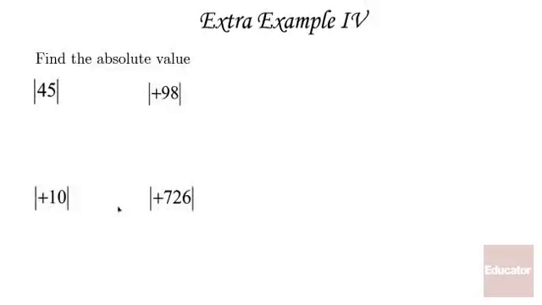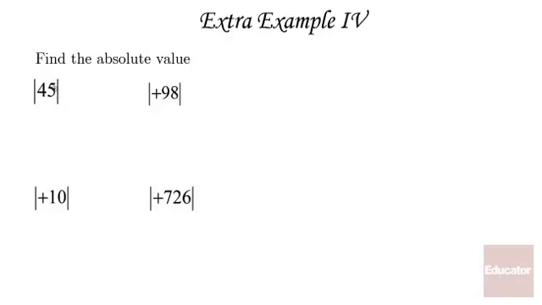The fourth example, find the absolute value of these numbers. Absolute value, remember, is the distance from 0. So how far away is that number from 0? If I'm asking you how far away something is, we know we can't have a negative number. We have to have a positive number. Distance can only be positive.